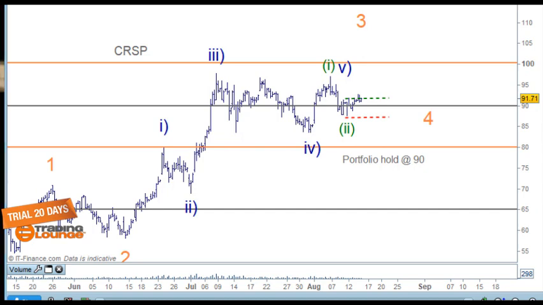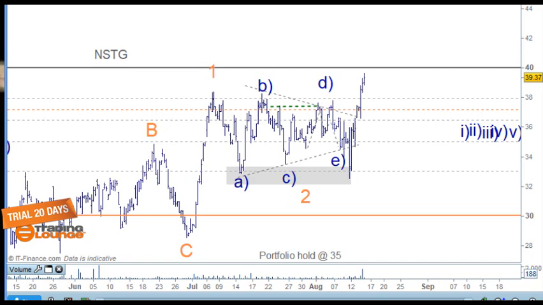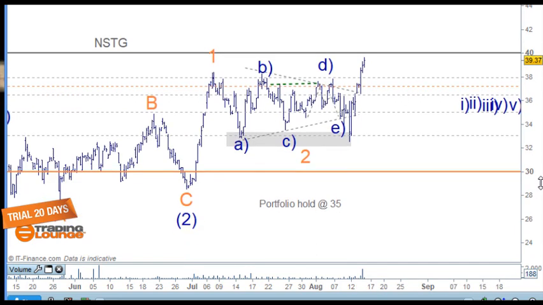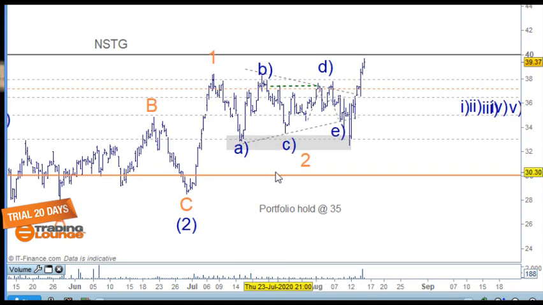Okay, so Nano String is next. NSTG. Okay, I haven't really updated this, but that's all good. So let me just think about this for a second.